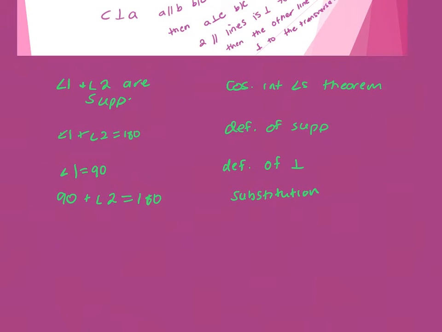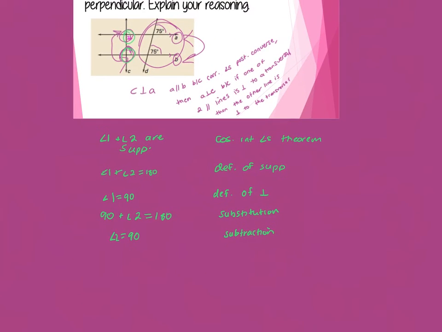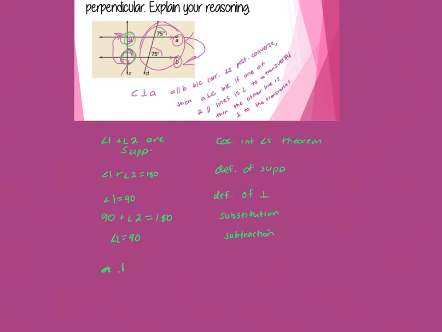Then I can say angle 2 equals 90, and that's subtraction. And then I can say, what are those lines again? A is perpendicular to C, definition of perpendicular. So that is totally right. It's just a lot more steps.